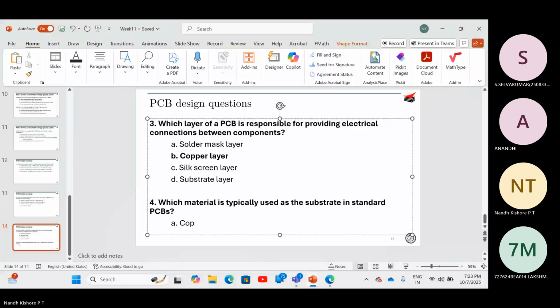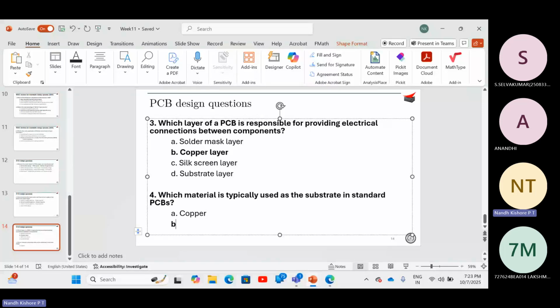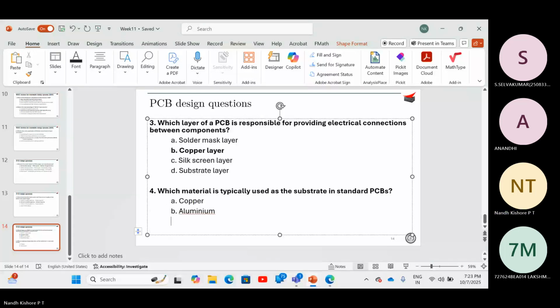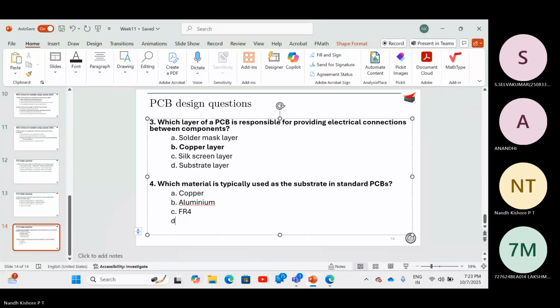A, copper, B, aluminium, C, FR4, and D, silicon. So what is the answer?